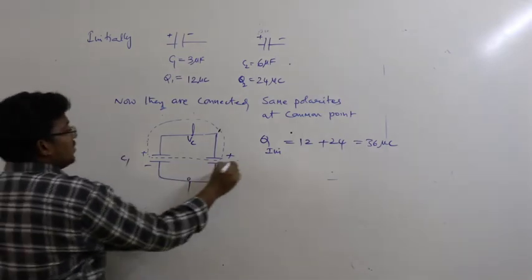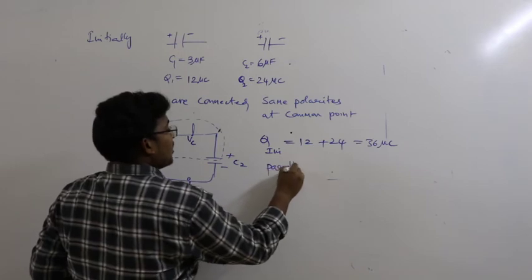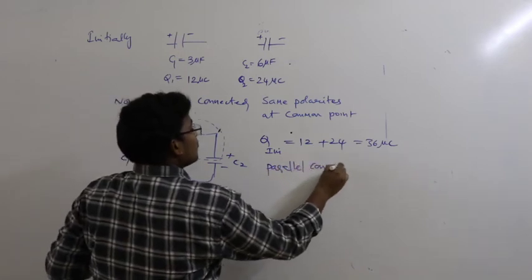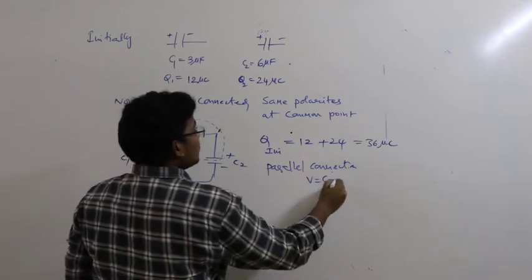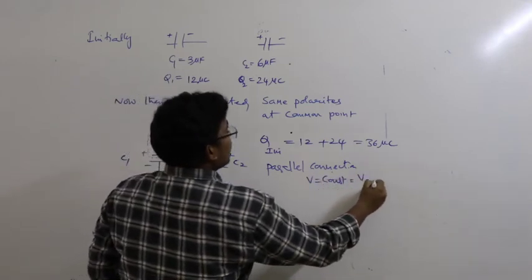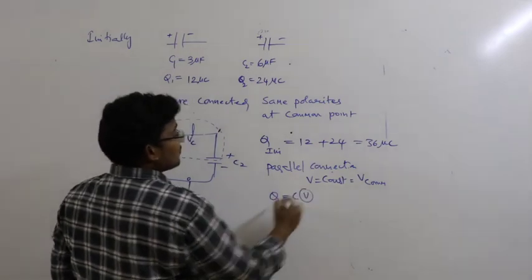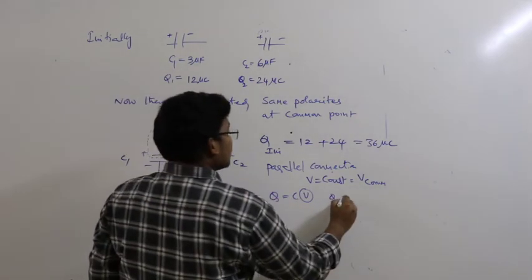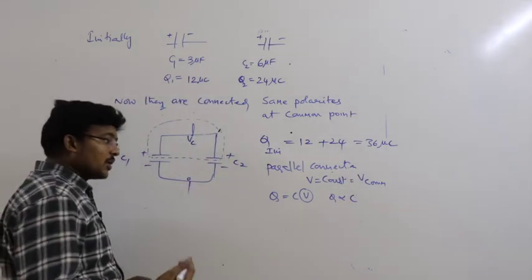Okay? Right. Now I told you that when they are in parallel connection, voltage is the same, so V is constant, which is nothing but V common, right? Now as V is the same, Q is equal to CV. V is constant means Q is directly proportional to C, means charge will be distributed in the ratio of their capacitances.